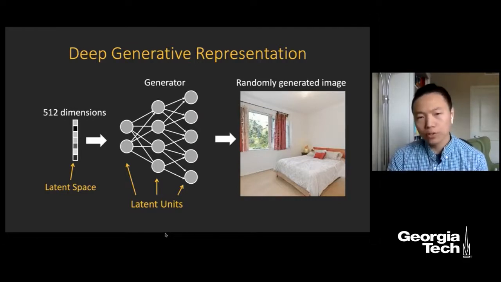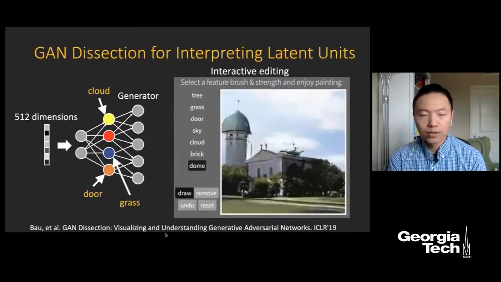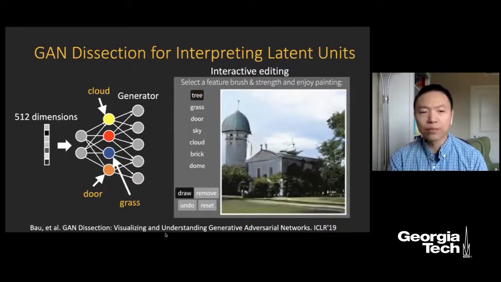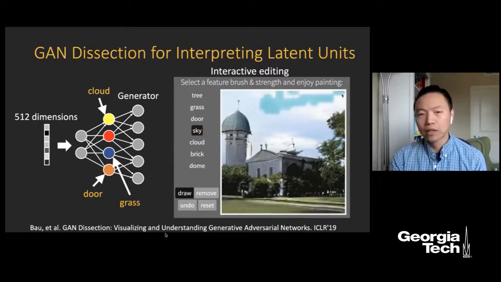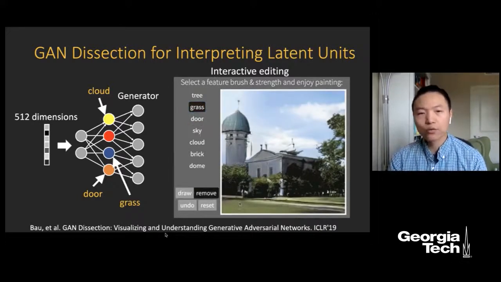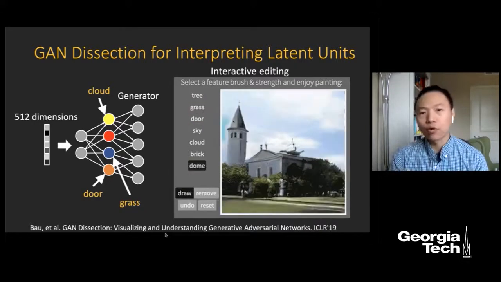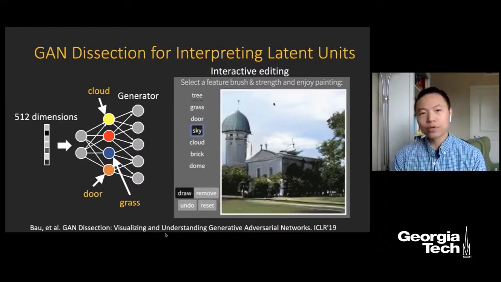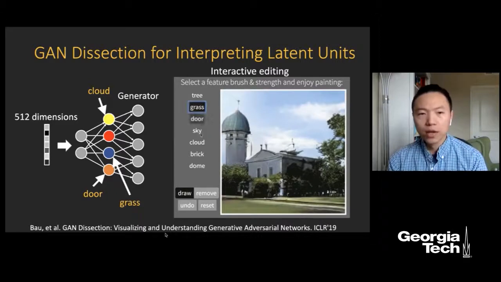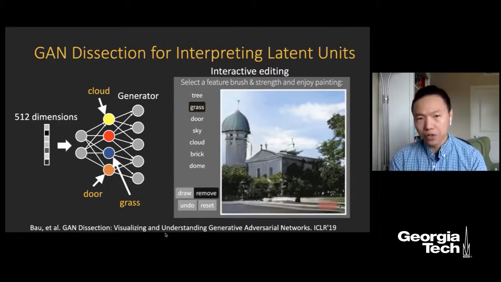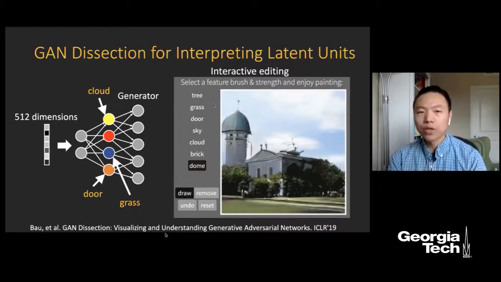Towards understanding and visualizing the latent units, there is this amazing work done by David Bau and Antonio Torralba from my previous lab that tries to visualize the internal filters. They show that when we train this generator to synthesize scenes, the internal units actually emerge as object synthesizers.